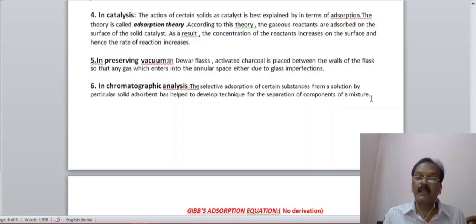So we can separate very minute quantities of the different components in the mixture by the method called chromatographic analysis. So this is all regarding the important applications of adsorption in different fields. With this, I come to the end of the study of the adsorption chapter. So thank you, one and all.